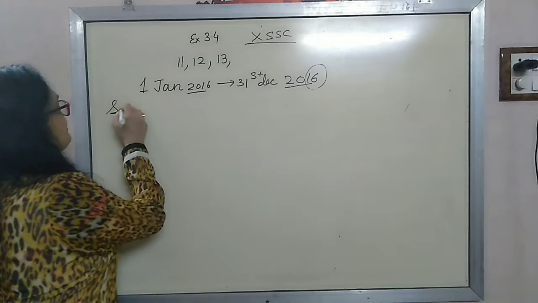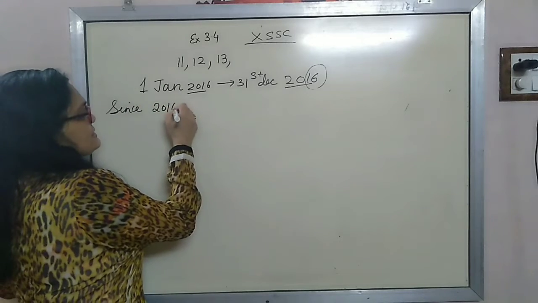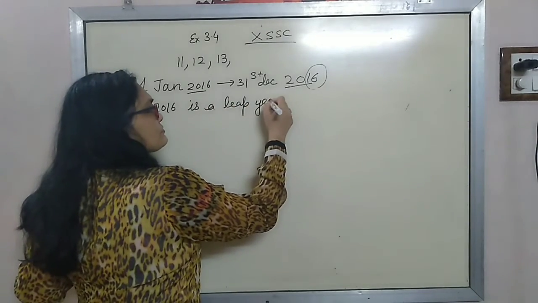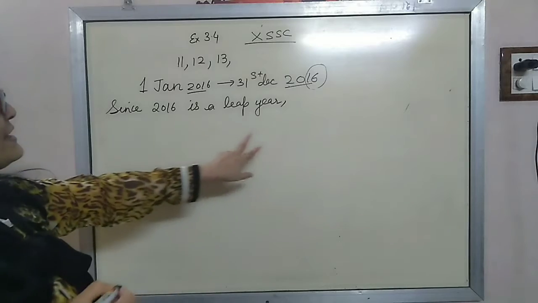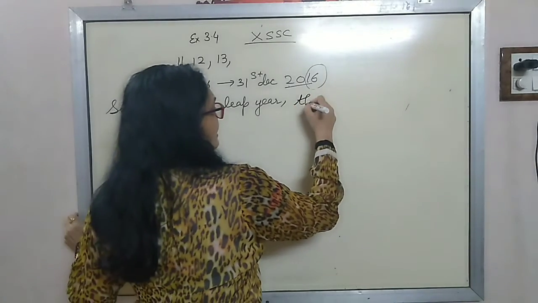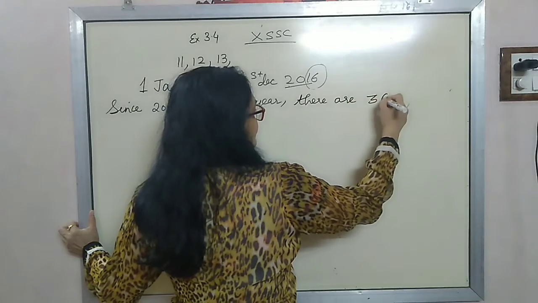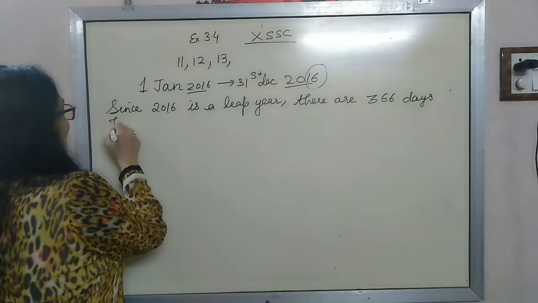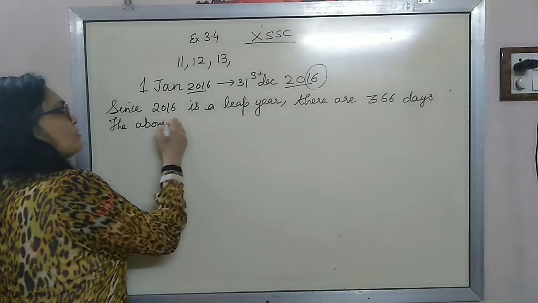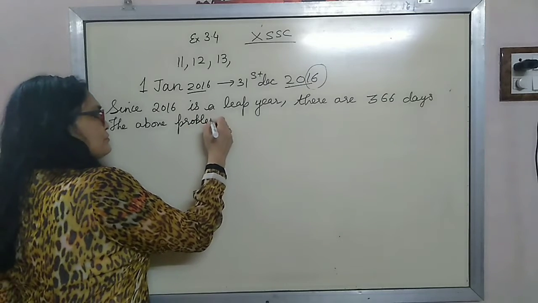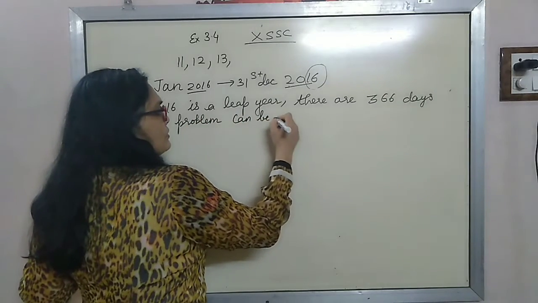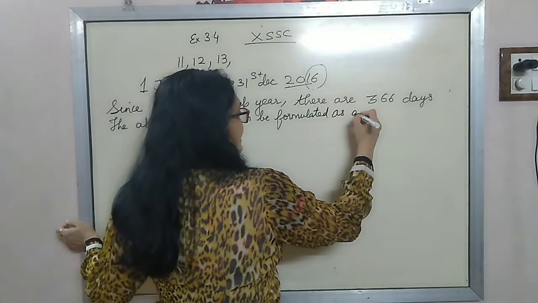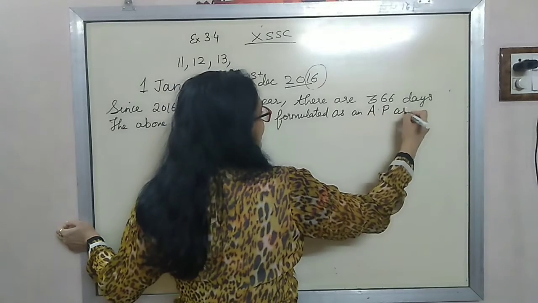So we will write down, since 2016 is a leap year, you have to write this, 1 mark for this. Since 2016 is a leap year, there are 366 days. Then you will write down: the above problem can be formulated as an AP as below.